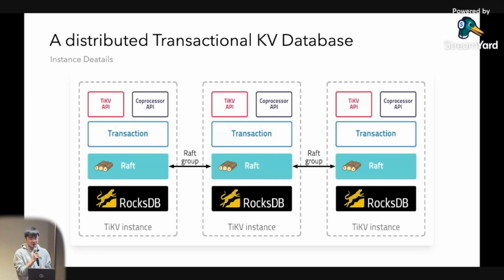Most of our components are built in Golang, and our computing layer, called TiDB, is 100% built in Golang. But we really wanted to gain low latency and an extremely performant storage layer.